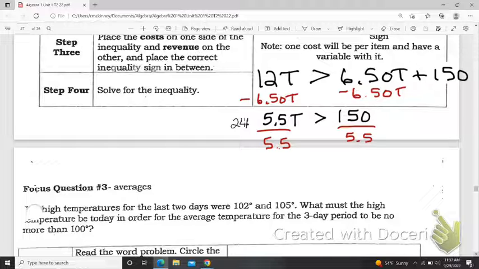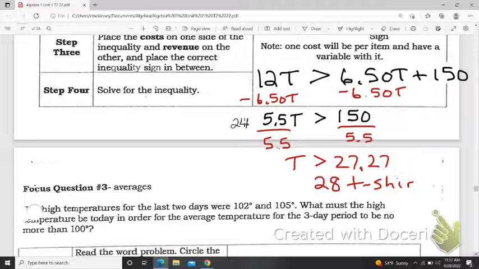And we have to know how to interpret that because no one's buying part of a t-shirt. So I got 27.27, carry on, carry on, carry on, right? So then I have t is greater than 27.27. Well, even if this had been 27 even, it says t has to be greater than that. So this means we have to sell 28 t-shirts.